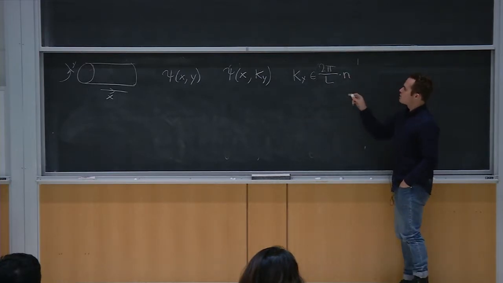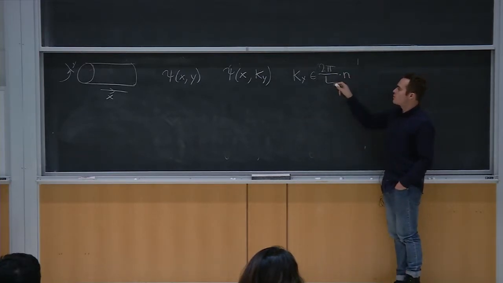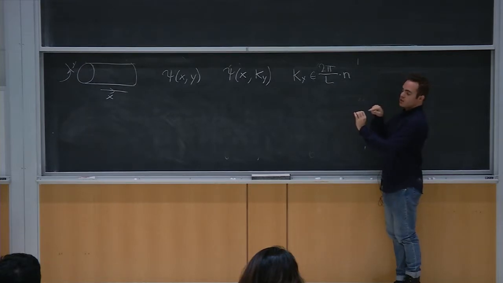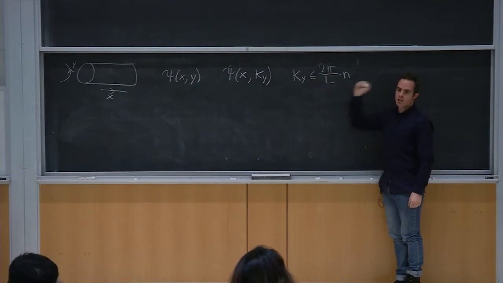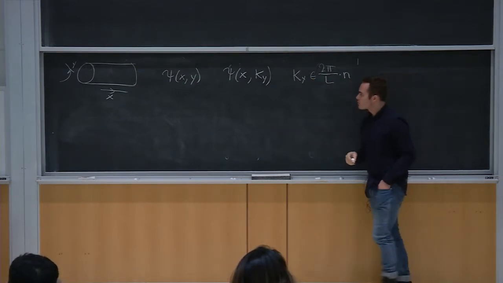Now one trick you can play is fiddling with this a bit, because if you put flux through the cylinder, you can twist the boundary conditions and change what momenta are actually allowed to show up here.